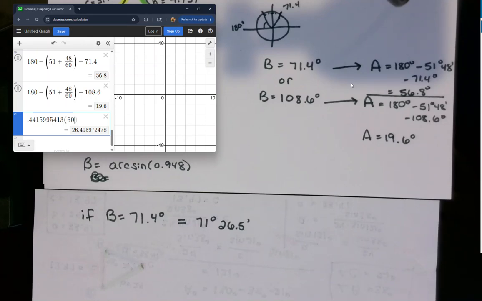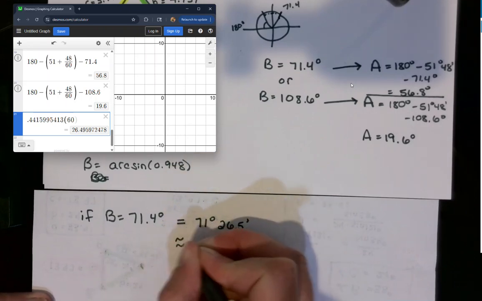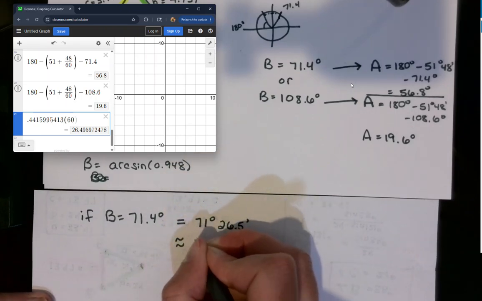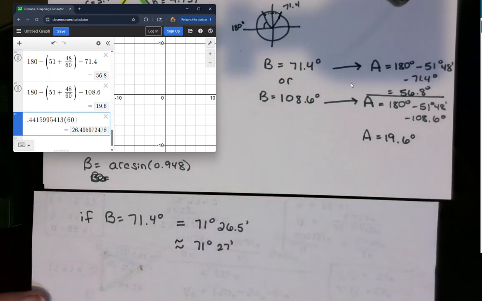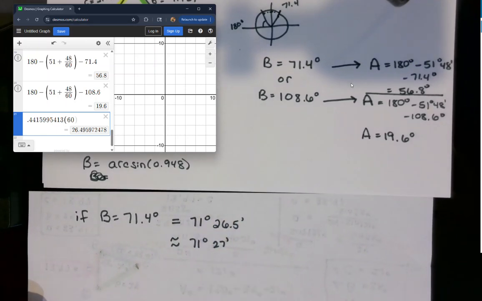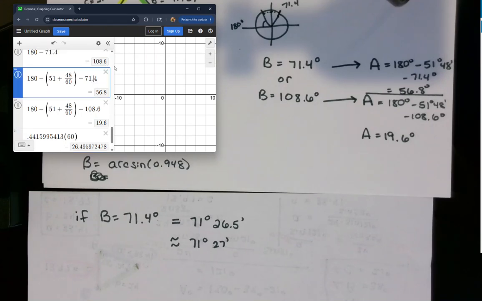So I could probably round this to 71 degrees and 27 minutes. Or I could take off the 26 and then convert my minutes into seconds. Let's just go ahead and say we want this rounded to the nearest whole minute. So we're going to say this is approximately 71 degrees and 27 minutes. So our corresponding angle A, let me put the exact value here as well.